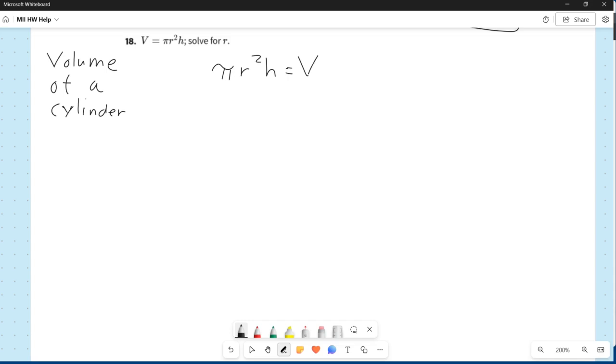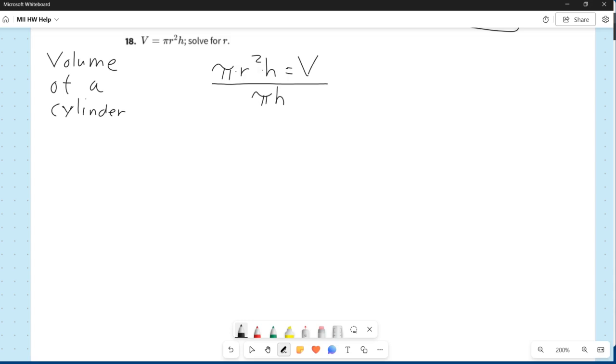Both the pi and the h are being multiplied to r squared, which means if we want to get rid of them, we can get rid of both the pi and the h in one step by simply dividing by pi times h. The reason is because this is pi times r squared times h.